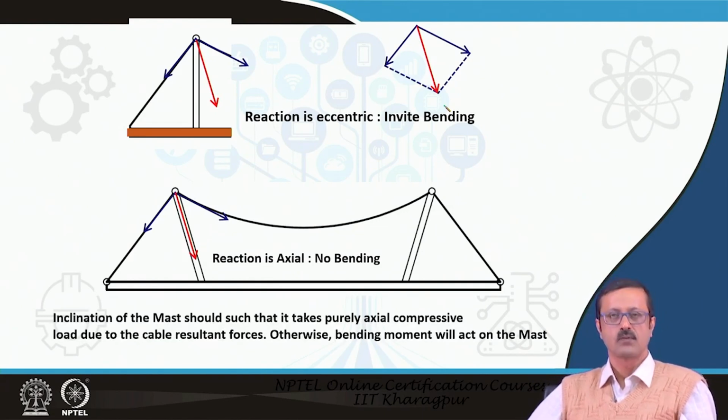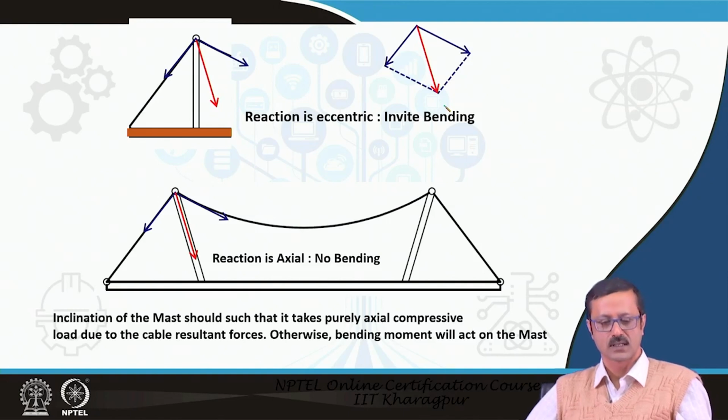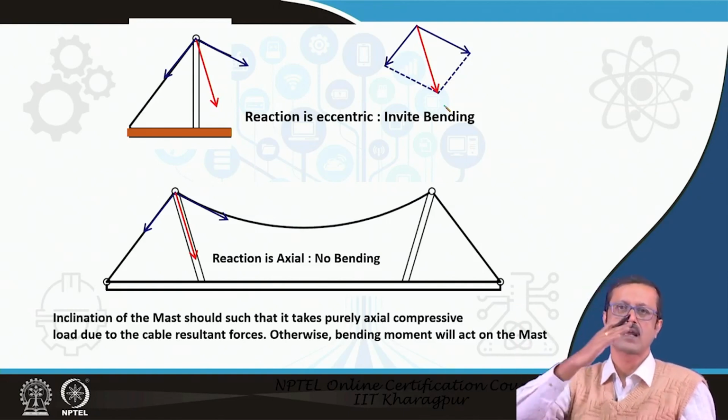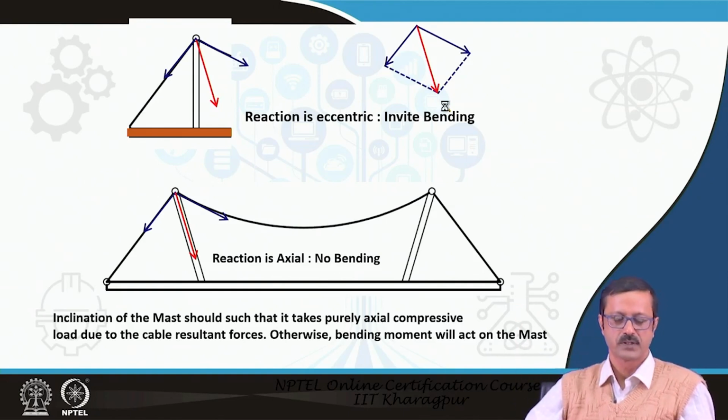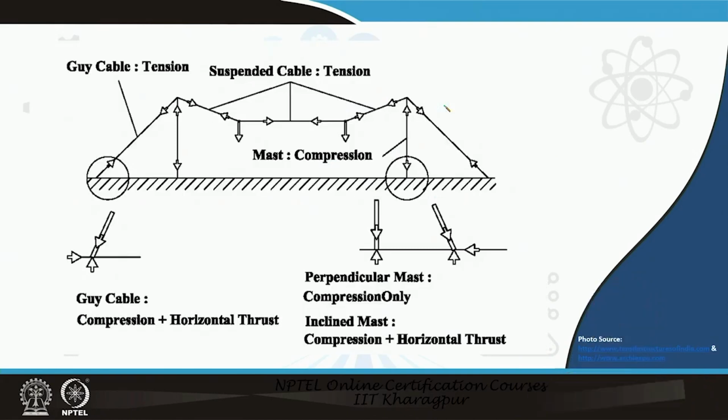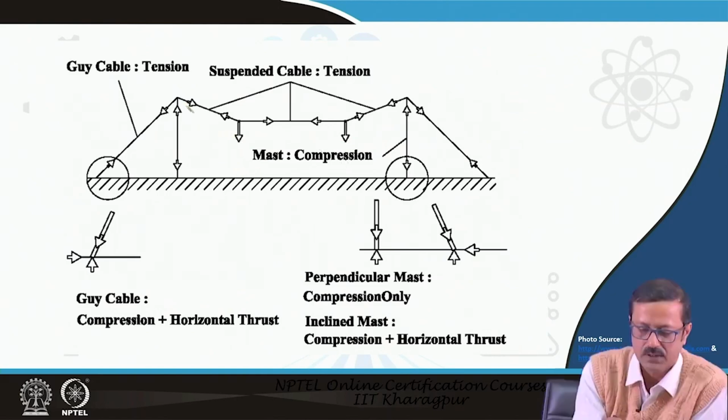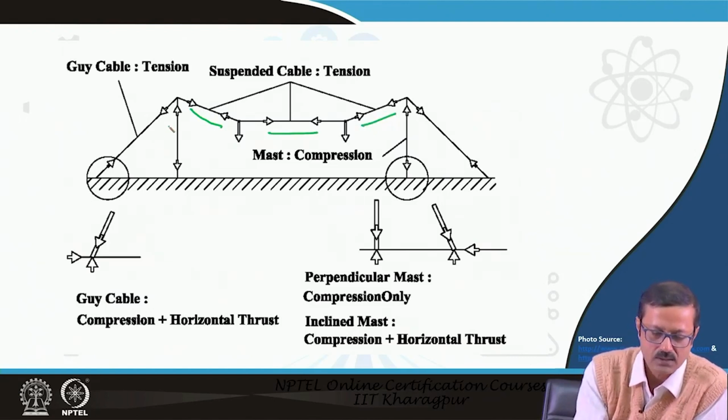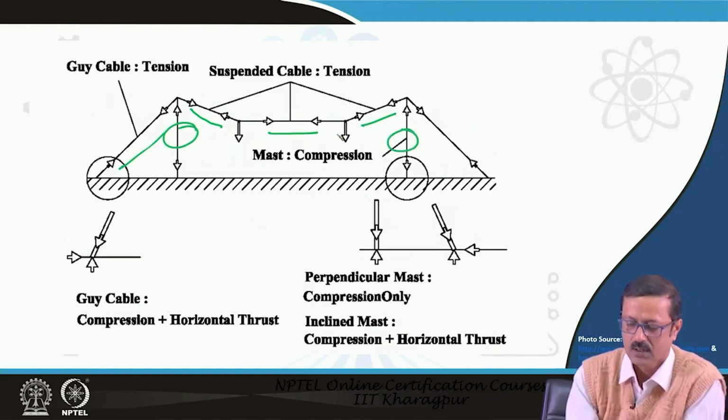That is why the mast is sometimes kept inclined, not perfectly vertical. As I have already told, these cables are under load, and this suspension cable is under tension. You see these are all tension. This guy cable is also under tension, but the mast is all under compression.